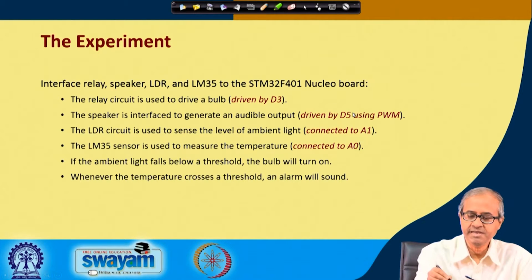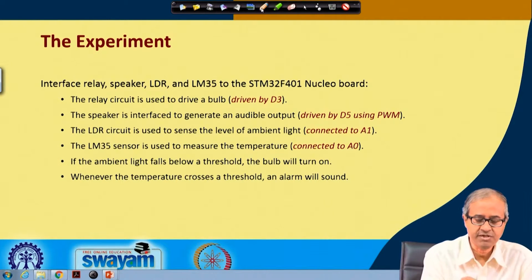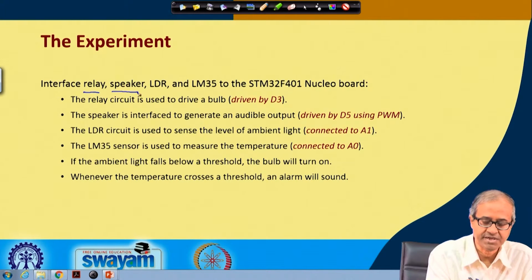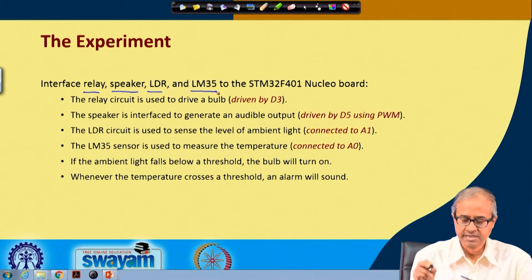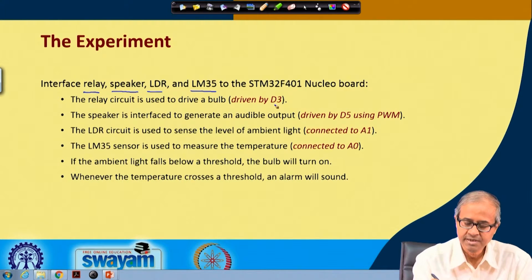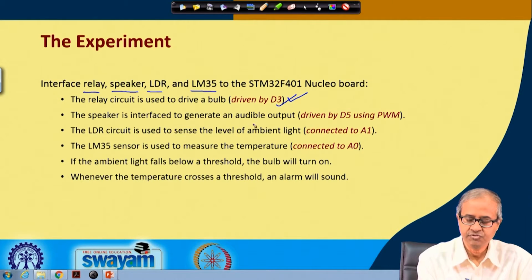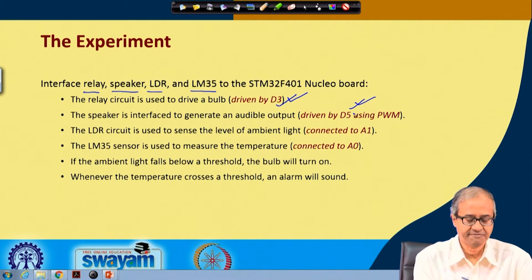So, specifically in this experiment, we will be interfacing a relay, a speaker, an LDR and an LM35. And the specific ports that we will be using: the relay will be driven by digital port line D3. The speaker will be interfaced from port line D5.